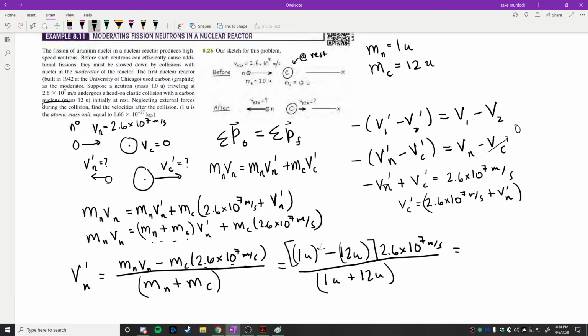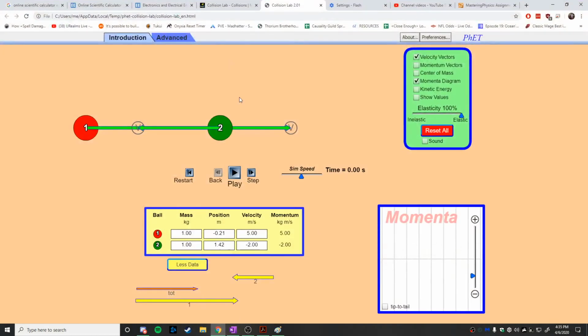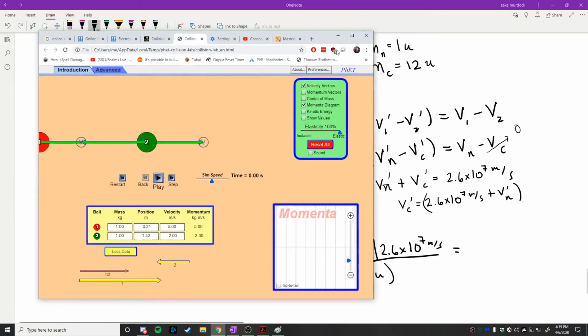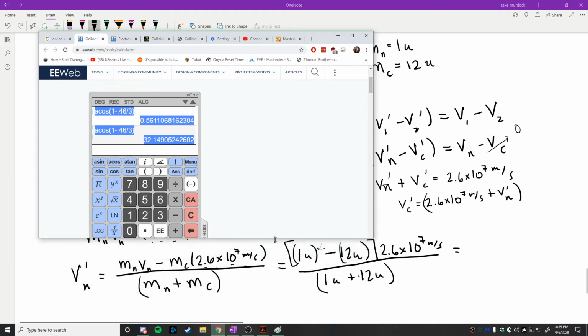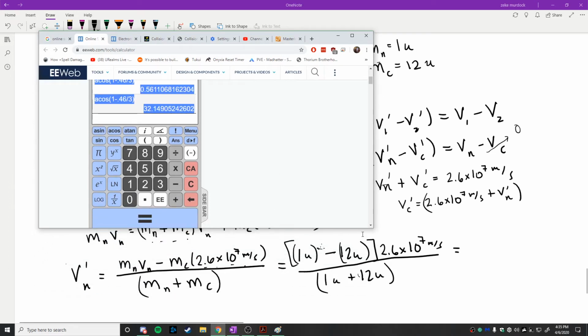And so we're basically going to be getting like 1 over 13. No, not 1 over 13. It's going to be 11 over 13, right? So we get... okay, so it's 1 minus 12 divided by 13 times 2.6.